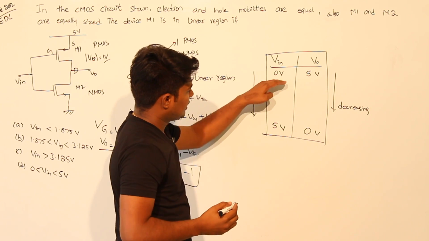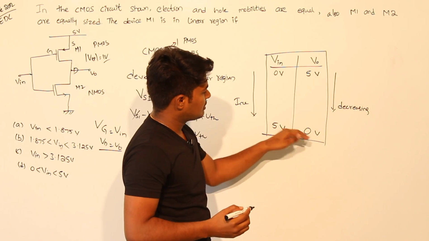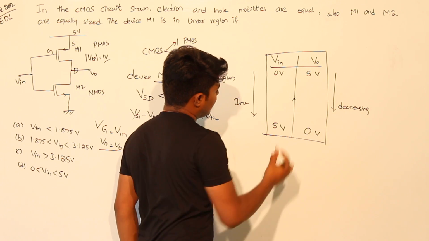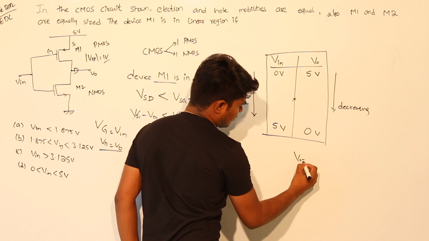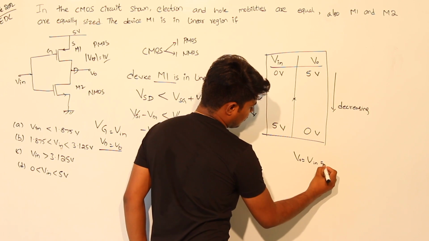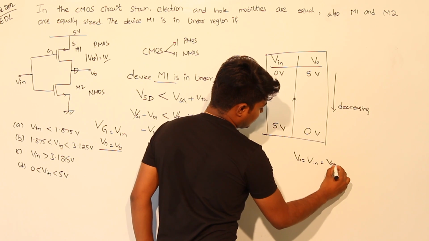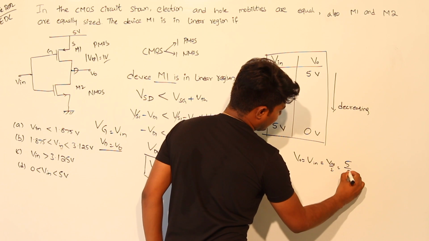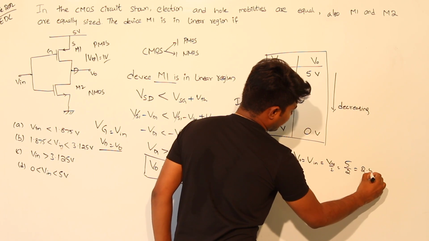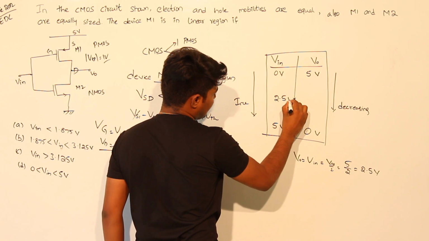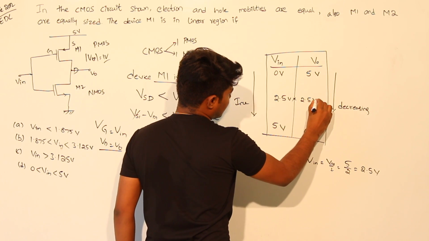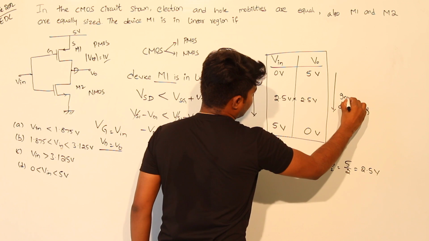So definitely if one value is increasing and another is decreasing, at some point they will meet, where V naught equals V in equals VDD by 2, that is 5 by 2, 2.5 volts. At 2.5 volts, both have the same voltage. This point is called the inversion point.